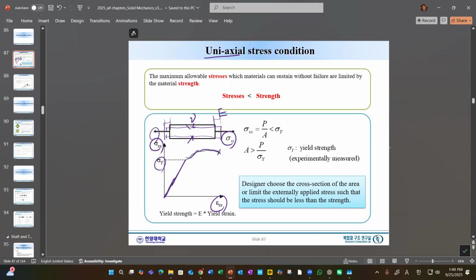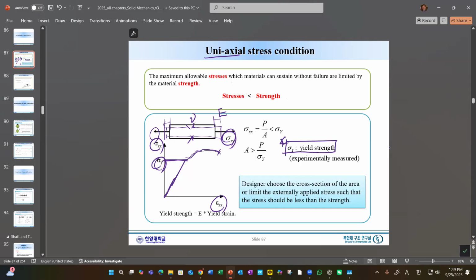So this is very typical. And then when we design a structure like this under sigma x, we observe this stress. The limit stress is the yield stress. Okay, yield strength. This is the important point.